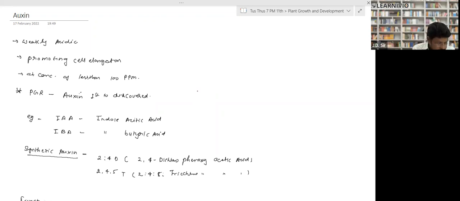It should be present at a concentration less than 100 ppm for cell elongation.